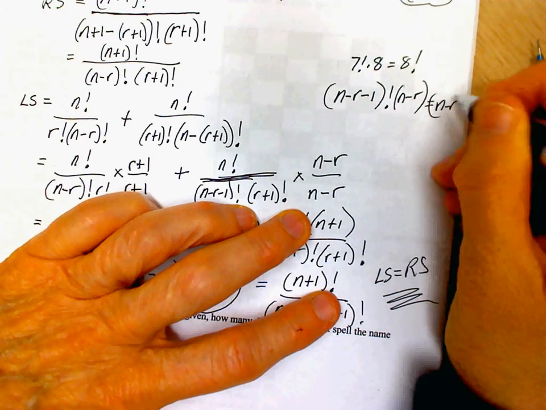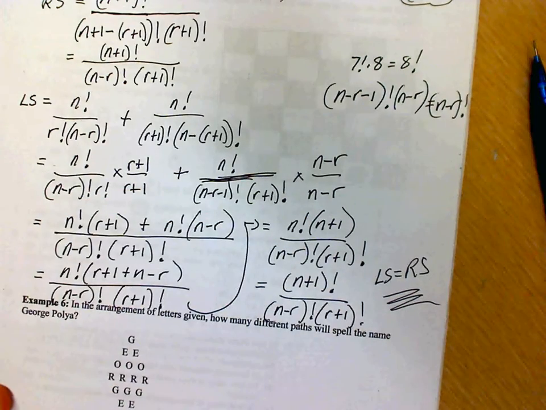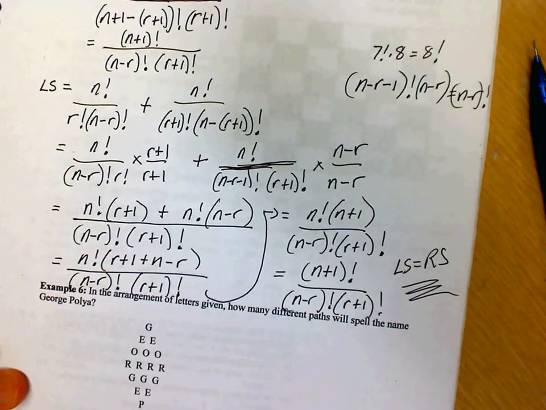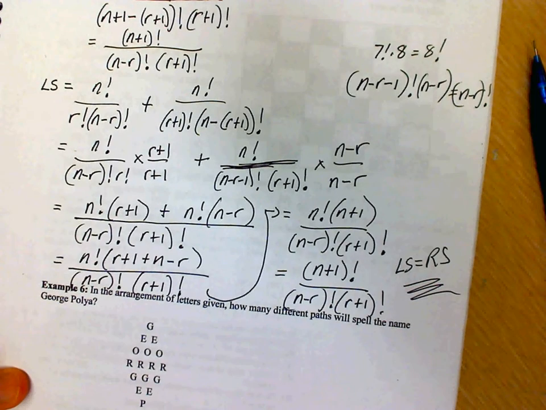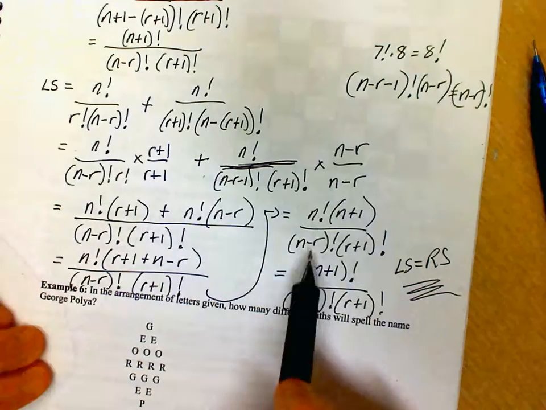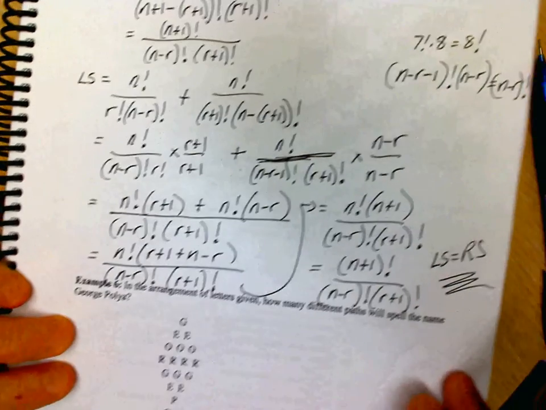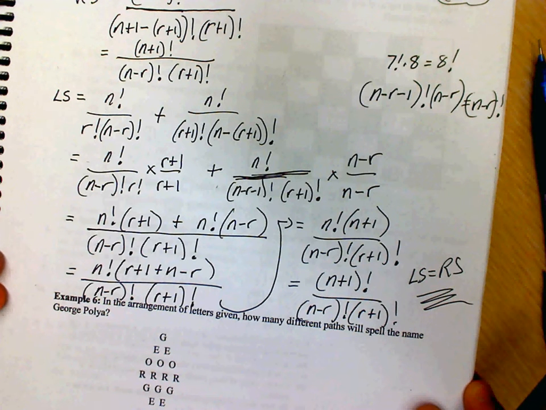Okay? Was there anything else? So this times this became n minus r factorial. Was there anything else I could elaborate on? Was this one okay?